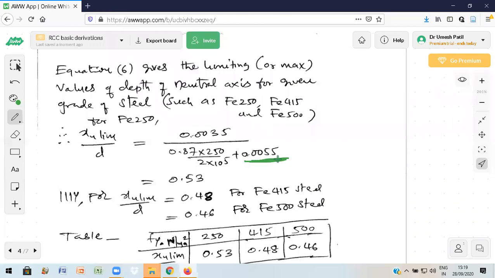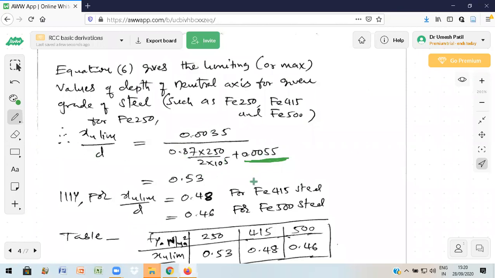I have added 0.002 plus 0.0035, as I told you in the previous slide. You must add those two. Now the RHS has all specific numbers. Simplify using a calculator, and it will be 0.53.